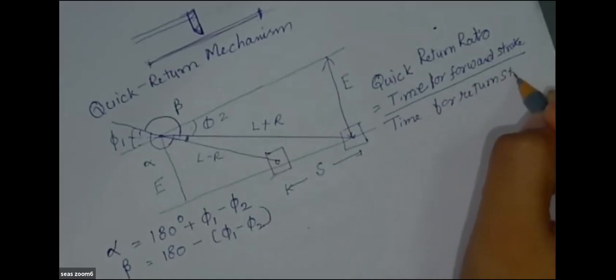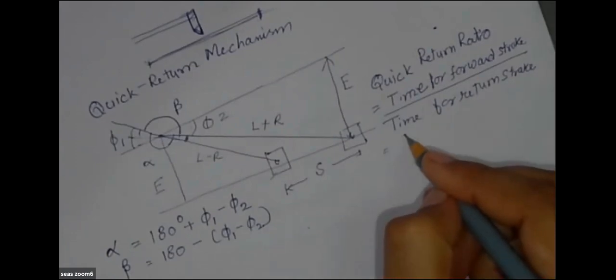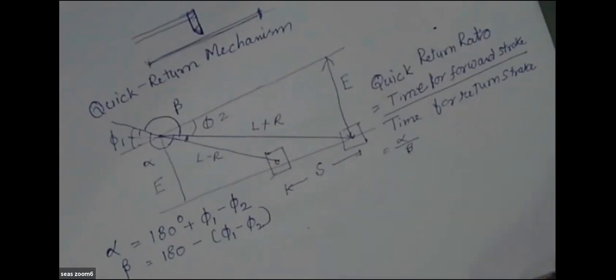So this ratio, the quick return ratio, actually defines how much time it will take for the forward stroke compared to return stroke. And here it may be the ratio of alpha over beta if alpha is the cutting stroke or the forward stroke and beta is the return stroke.